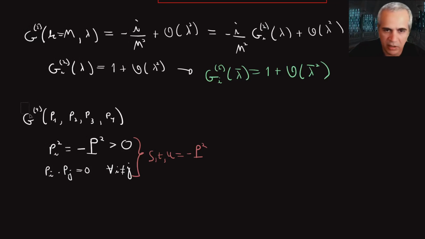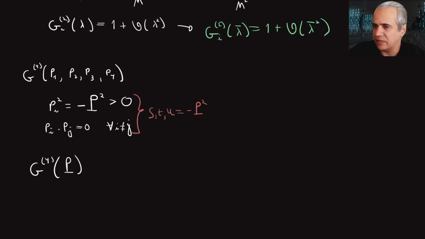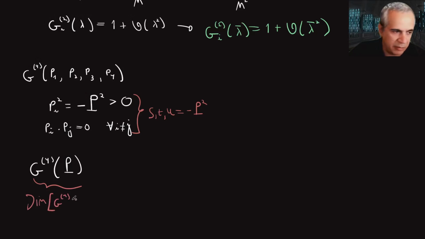And G4 can be written, which is now a function just of this capital P. And again, I can do dimensional analysis and see that the dimension of a Green function with 4 external scalar legs is the same dimension of 1 over P squared to the 4th.